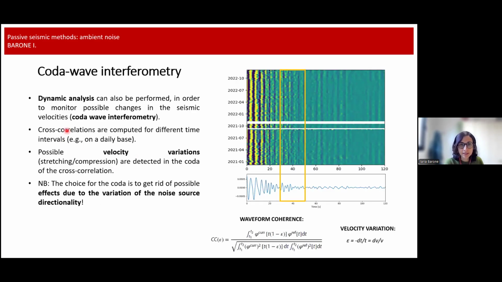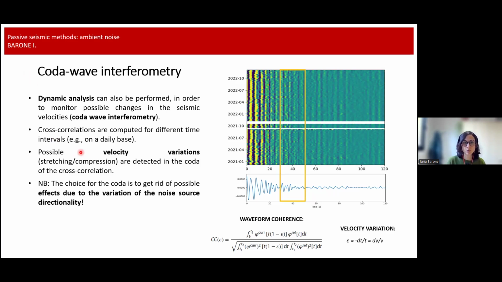And finally, and then we have a break, Coda wave interferometry. I'm not going to explain it again because I think you had many lectures on this topic, but I just want to mention that we can also do dynamic analysis with the ambient seismic noise. In particular, we could compute the cross correlation for different time intervals.